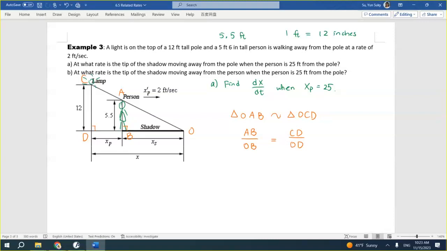Okay, now let's plug in the numbers. What is AB? Paige, what is AB? Look at the picture. What is AB?